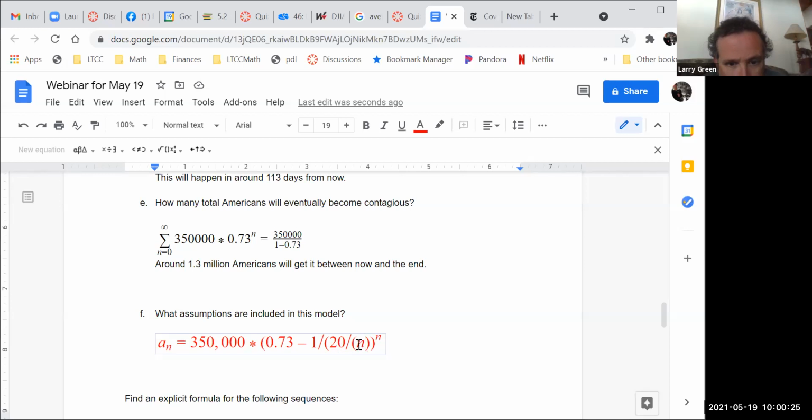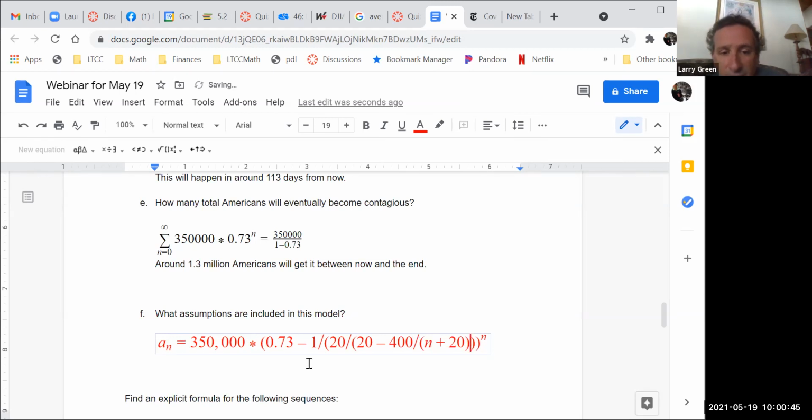We want this to get big as it increases, so 20 minus 400, I don't know, over n plus 20. Hopefully that works, something like that.